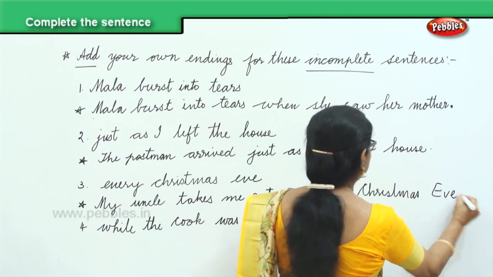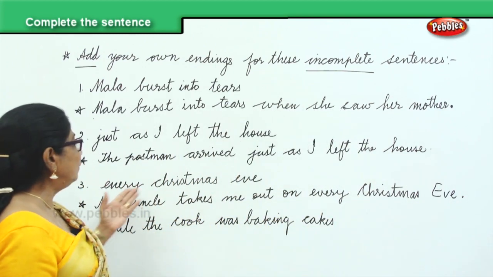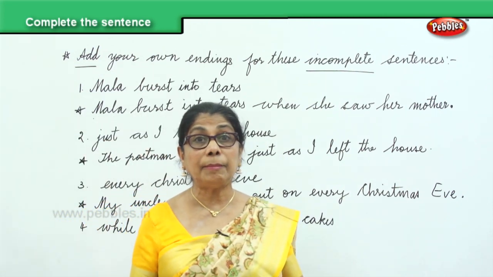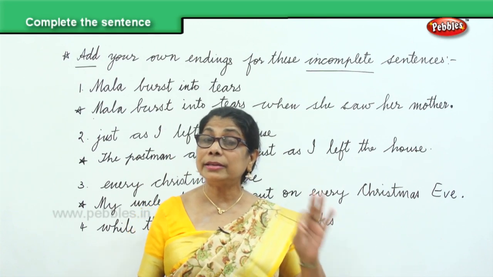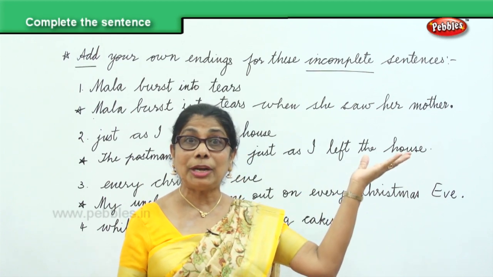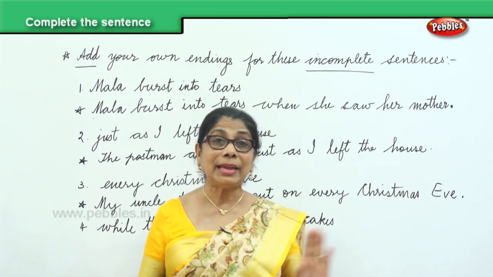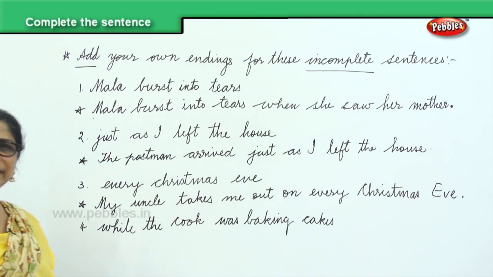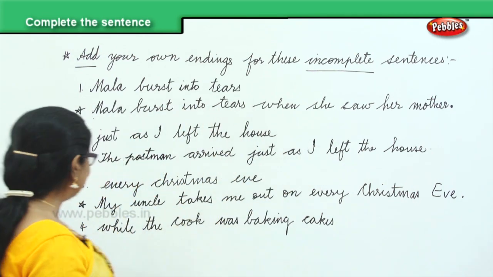On every Christmas Eve, my uncle takes me out. On every Christmas Eve, we think about the lovely time we had as children. On every Christmas Eve, I remember the decorations we put up as children. On every Christmas Eve, my neighbor came to spend time with us. You can write whatever you want. Only thing, begin with the capital letter, end with the full stop. It should make sense. That's all.